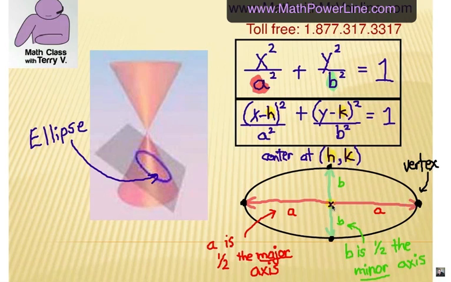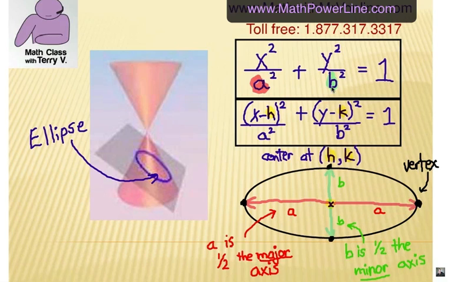From the center, you go out to the right a units and a units to the left. The b is the minor axis, if it's actually smaller, and in this example it is. You go up from the center and down from the center b units. So you find the a and the b values, and that tells you the size of the ellipse.